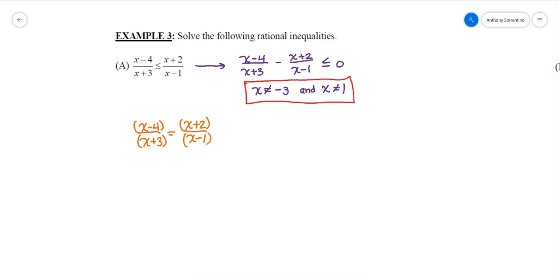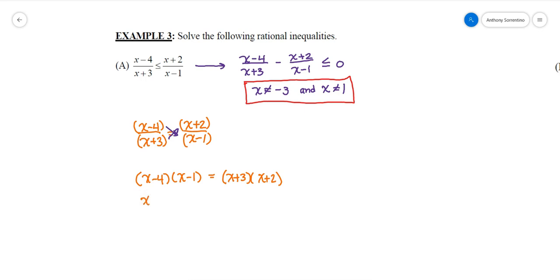So when I cross multiply, I'm going to have x minus 4 times x minus 1 equal to x plus 3 times x plus 2. So I'm going to multiply these out.